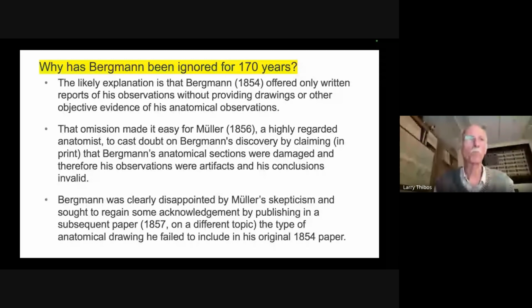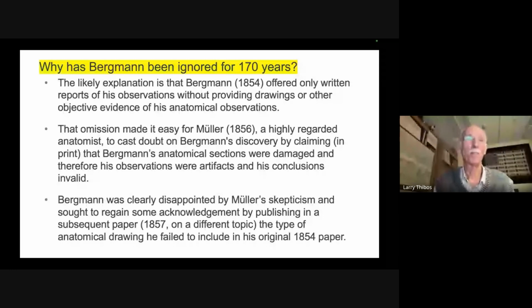That omission made it easy for his critic, Müller, who was a highly regarded anatomist, to cast doubt upon Bergmann's discovery. And he claimed in print that Bergmann's anatomical sections must have been damaged, therefore his observations were artifacts and his conclusions are invalid. It was a damning criticism.